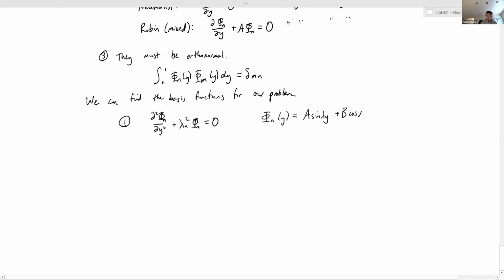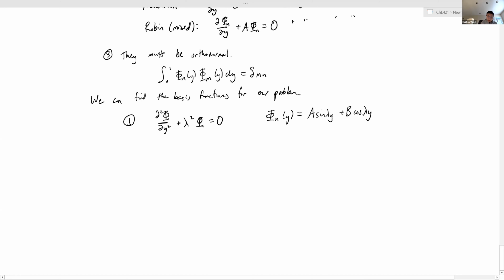And for now, let me go ahead and erase these n's here because they're not going to be important until later on. We can apply the boundary conditions now to actually figure out what the values of a, b, and lambda are going to be.